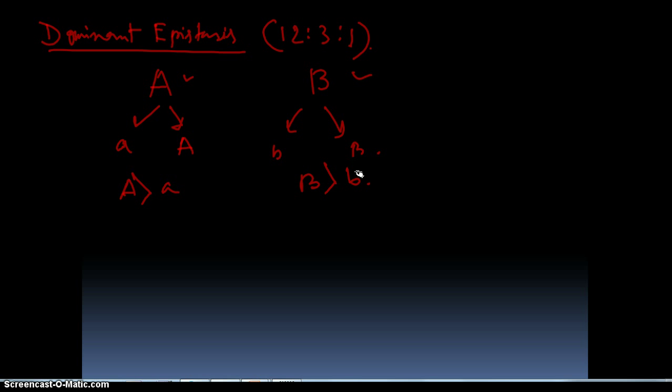Now, when the dominant allele of one gene masks the effect of the other gene's alleles, we see this kind of phenotype.